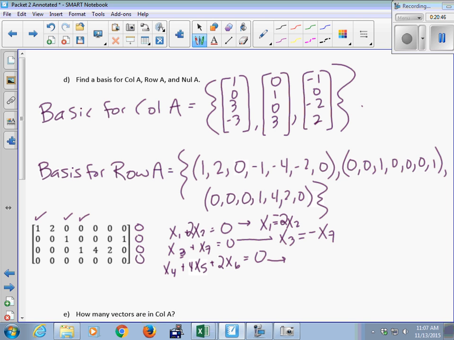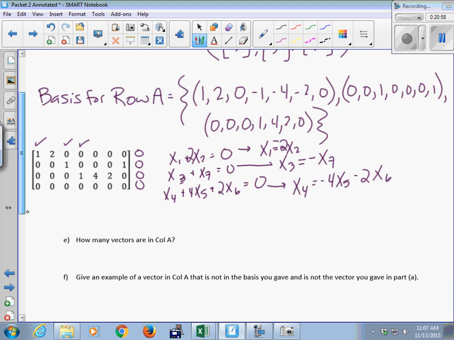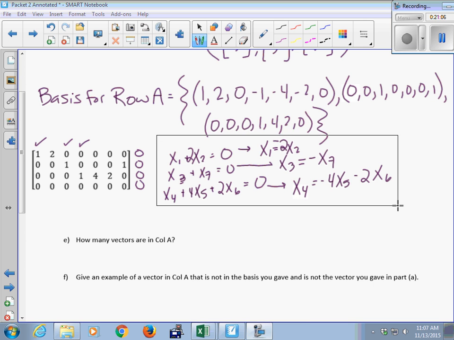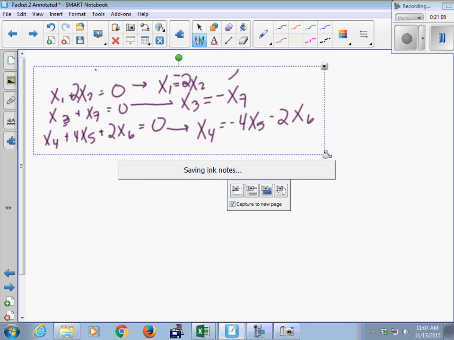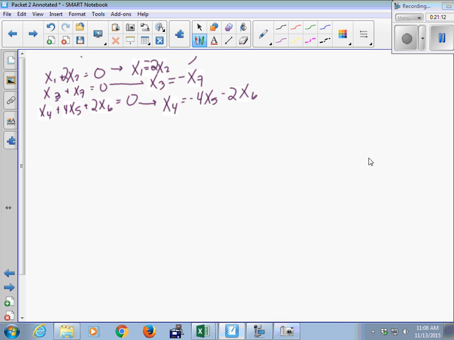And then x4 is another pivot variable, so I solve for x4, and I get negative 4x5 minus 2x6. Okay, so now my solution looks like a 7-vector x1 through x7.